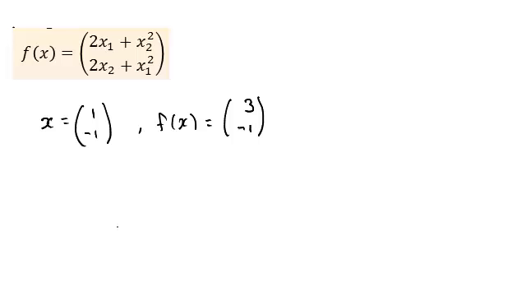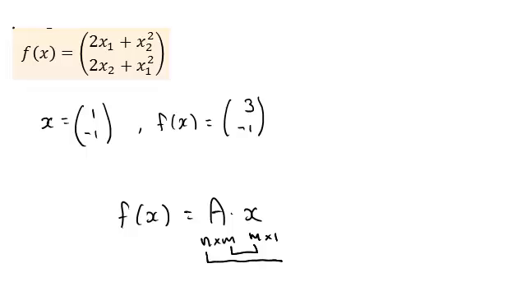If I have f of x equal to A times x, and A is n times m, and x is m times 1, matrix multiplication is allowed, and we see that the result f of x actually is an n by 1 vector. So that means that starting with any m by 1 vector x, f of x will return an n by 1 column vector.